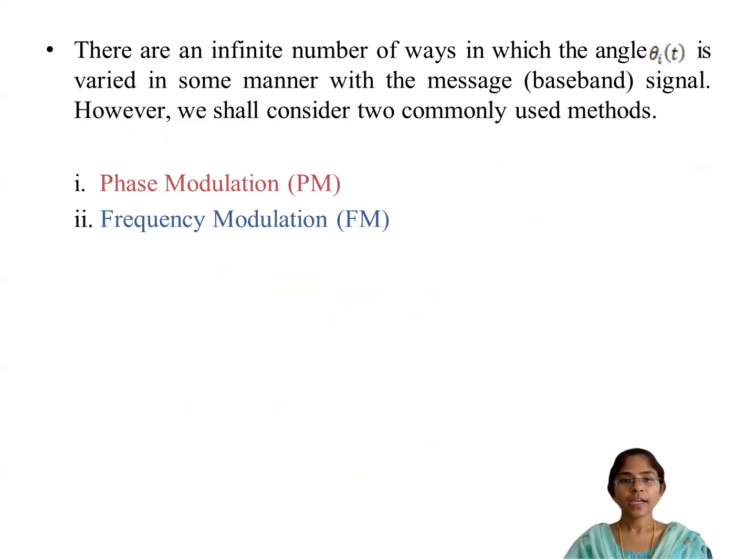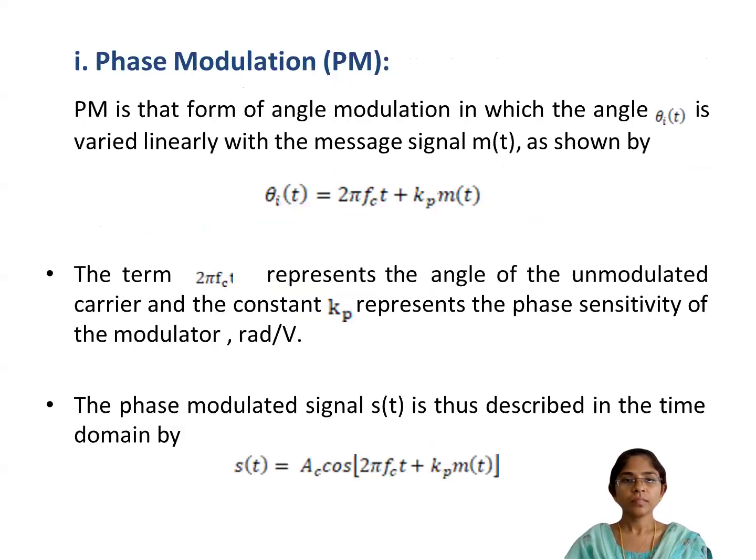Coming to the types of angle modulation techniques, we have two types mainly, which are phase modulation and frequency modulation. Phase modulation is a type of angle modulation in which the angle of the carrier is varied linearly with the message signal or the baseband signal, which is known as m of t. So the instantaneous angle theta i of t is equal to 2 pi fct plus kp into m of t.